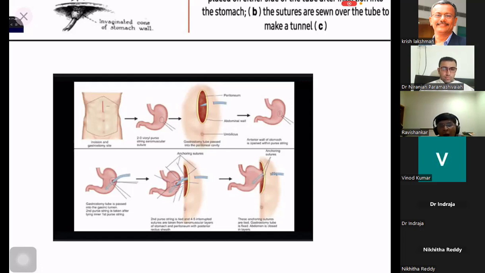We insert a tube through the anterior abdominal wall, and place purse string sutures over the stomach, stab inside the purse string, insert the tube, tighten the purse string, and fix the stomach to the anterior abdominal wall by interrupted sutures. This is the open method.